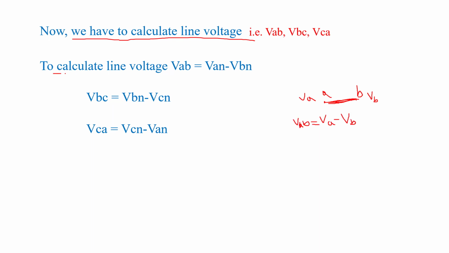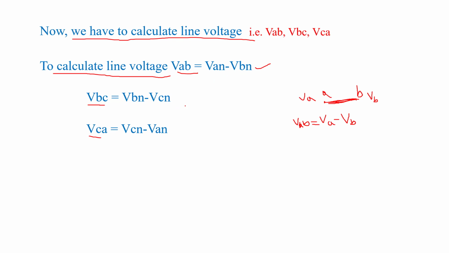Because it is a 3-phase circuit, we have to calculate 3 line voltages: VAB, VBC and VCA. VAB is calculated with the help of this formula, VAN minus VBN.